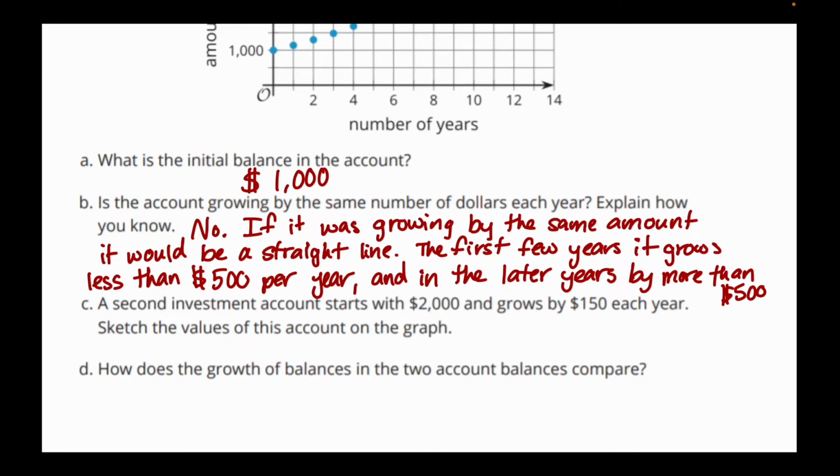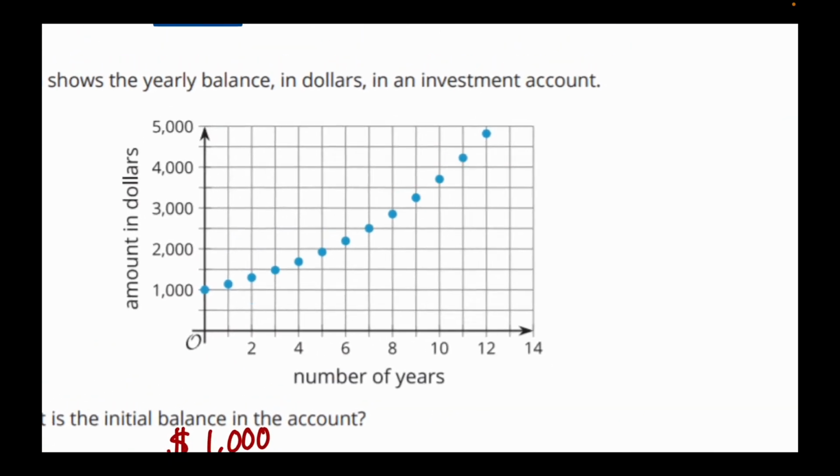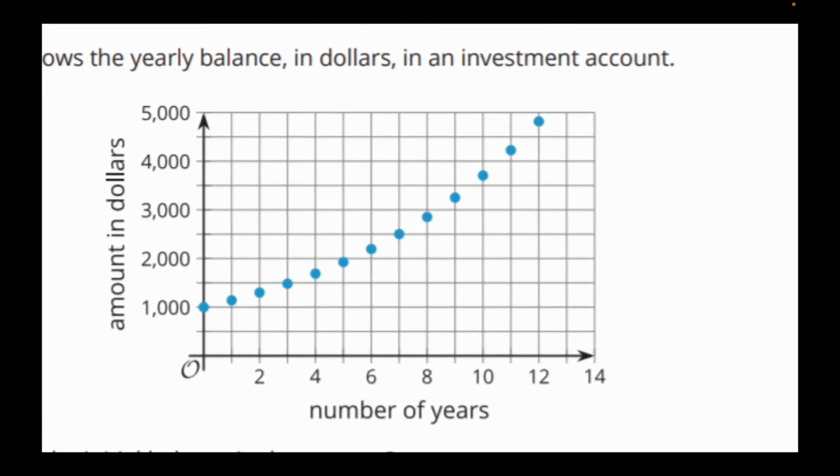So question C here says that a second investment account starts with $2,000 and grows by $150 each year, and we want to sketch that account on the graph. How does the growth of balances in the two accounts compare? So we'll start this one, and I still got my red pen selected, so I'm going to start it at 2000.